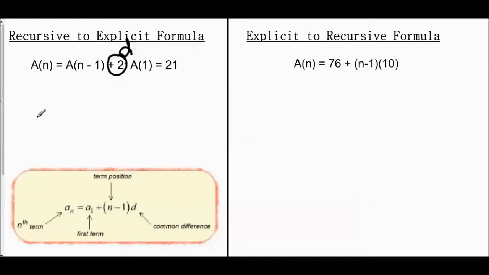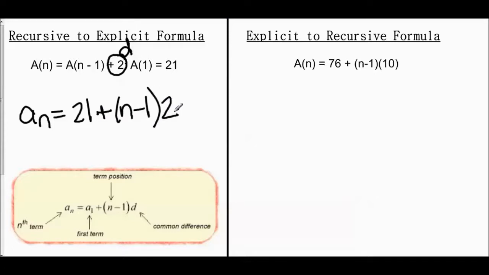So to write it as an explicit formula, a of n is equal to the first term, 21, plus n minus 1 times the common difference, which is 2. So that's the same arithmetic sequence, but this time it's written in the explicit formula.